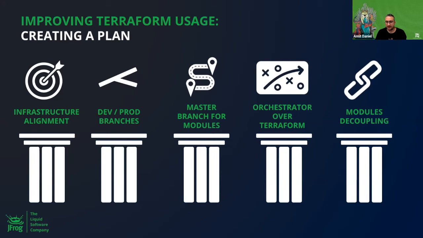Adopt an orchestrator over Terraform. We need to run all our Terraform workspaces automatically every day to detect drifts. Split the permissions between different groups that consume our Terraform code. Run logical code after every step, before or after the plan, before or after the apply, etc. And of course, modules decoupling.